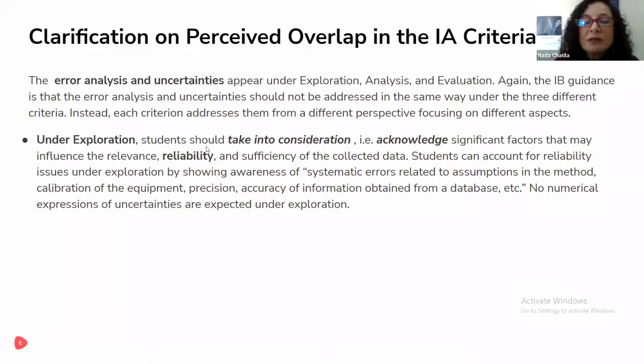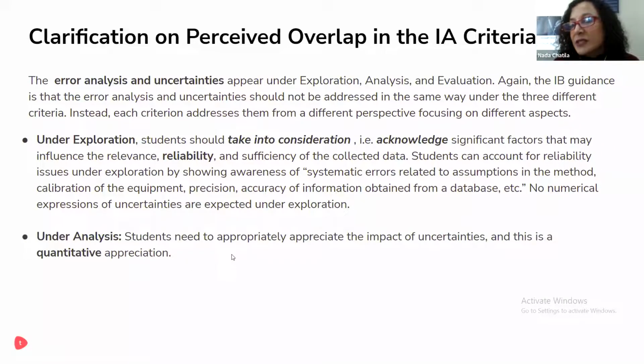Under exploration, when writing the method, students should acknowledge the reliability of the data by showing awareness of systematic errors related to assumptions in the method, calibration of the equipment, precision, accuracy of information obtained from a database, etc. No numerical expressions of uncertainties are expected under exploration, only making reference to them.